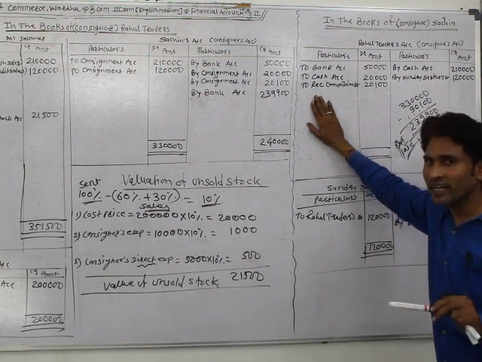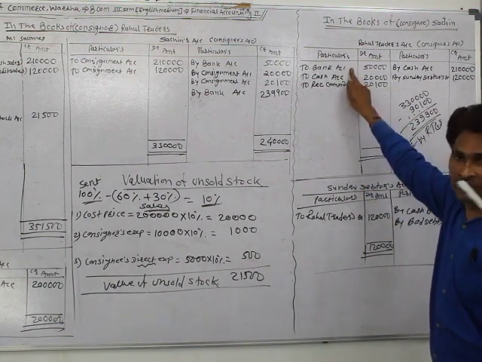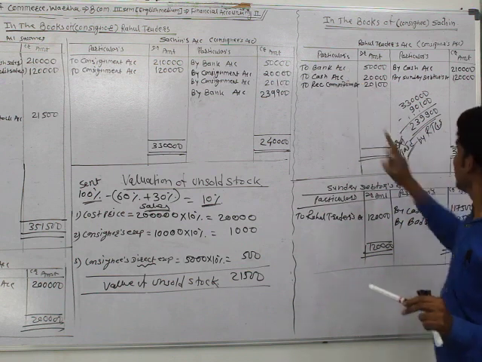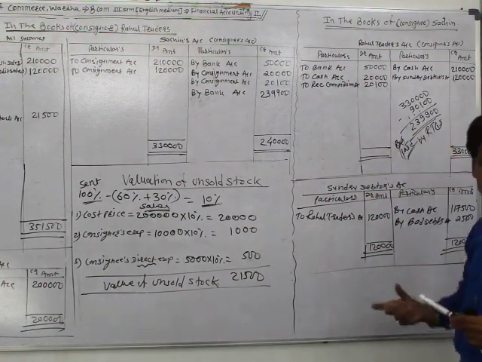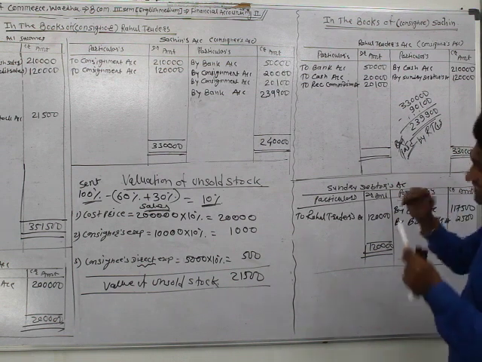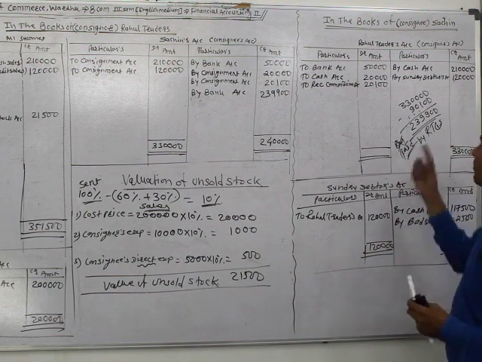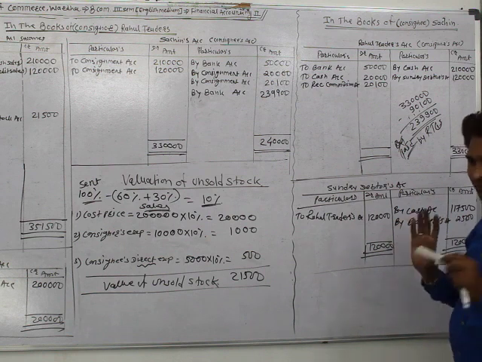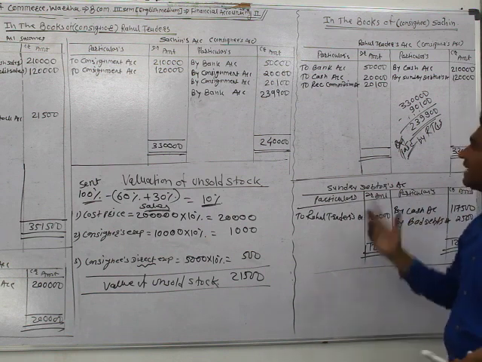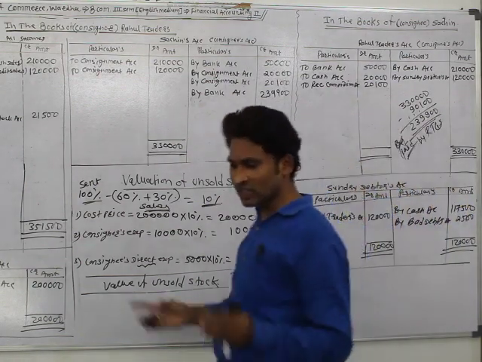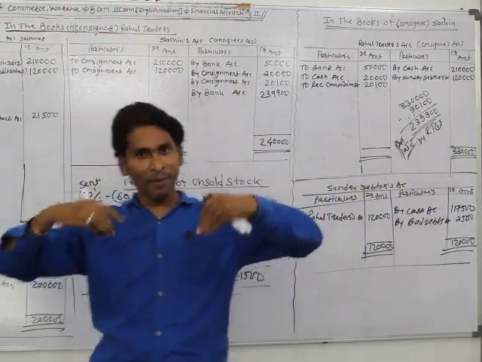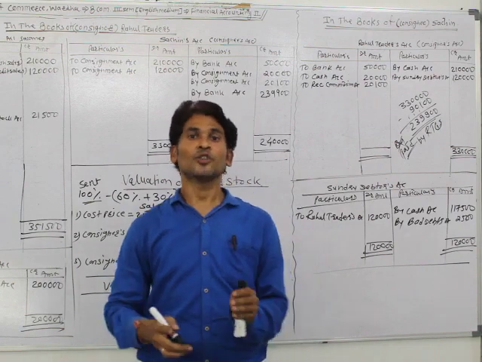Here we use the bank account because the information was given that the amount was paid by RTGS. When clarity is given, I use the bank account. But when clarity is not given, I just use the cash account, because today's world is a digital world, but many transactions are still done in cash.